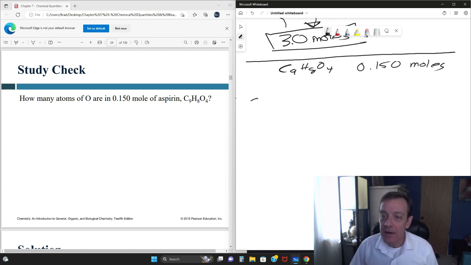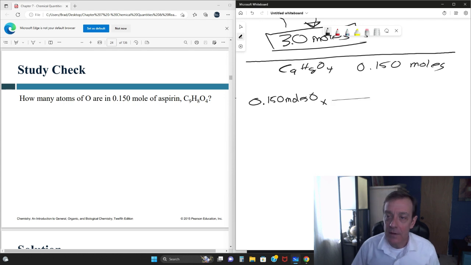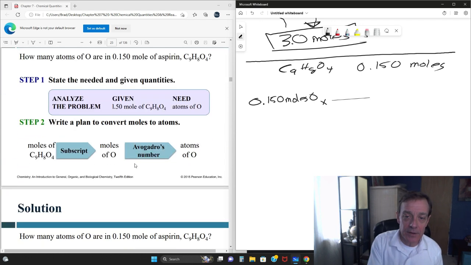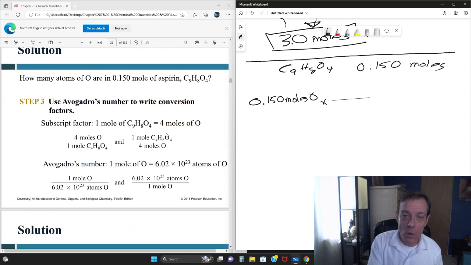So let's set this up. We're given 0.150 moles of aspirin. And in every molecule of aspirin, we have 4 atoms of oxygen, right?